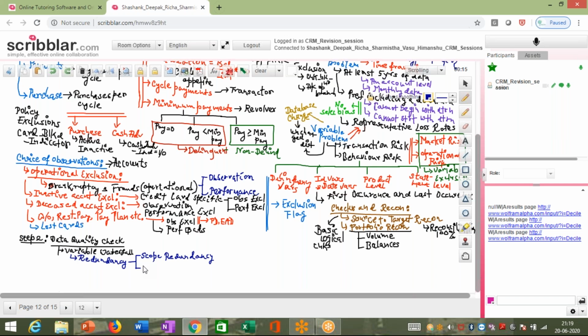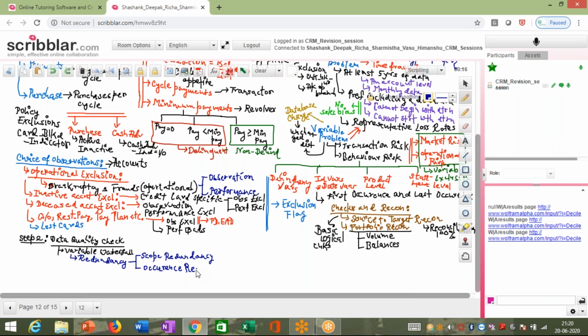And the second set of redundancy that we talk about is the occurrence redundancy. They are assumed to be redundant basis the occurrence. Under the occurrence redundancy, what we generally have is the first occurrence, last occurrence analysis.